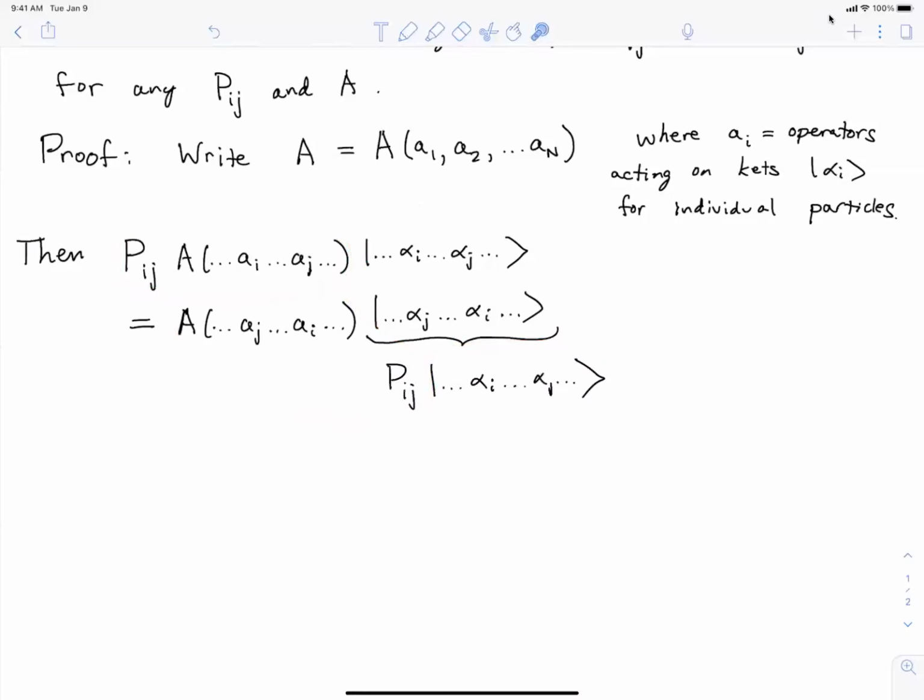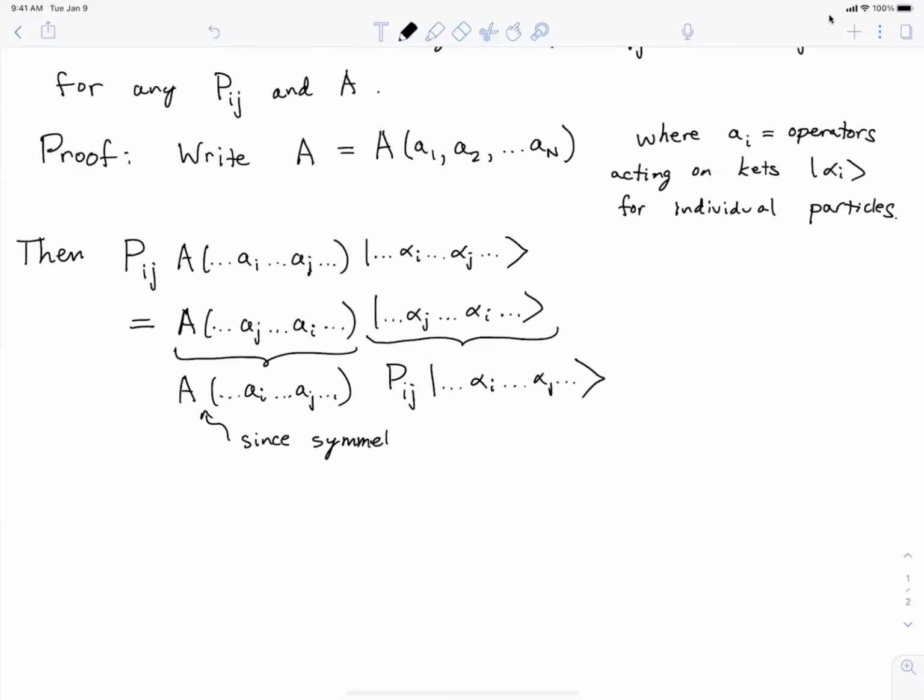Okay, and so we can conclude, well, I guess there's one more ingredient here. So we notice that this has to be AI, Aj, because it's symmetric. That's the assumption we're making.